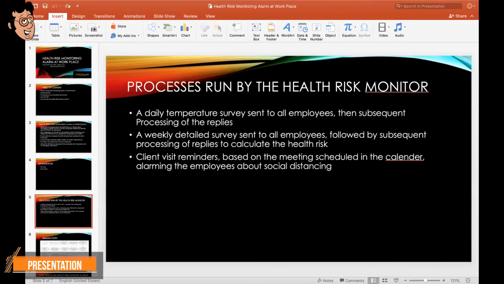The second part of this bot is to send a weekly detailed survey to all the employees, and then again process the replies and calculate the health risk the person is at, based on various questions, like has he traveled overseas in the past 14 days, has he ever been tested COVID positive earlier, has he taken any tests for COVID yet, or has he been quarantined in the last 14 days? These are quite a few questions we have in our survey.